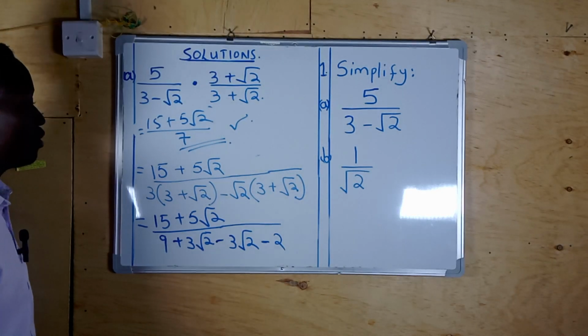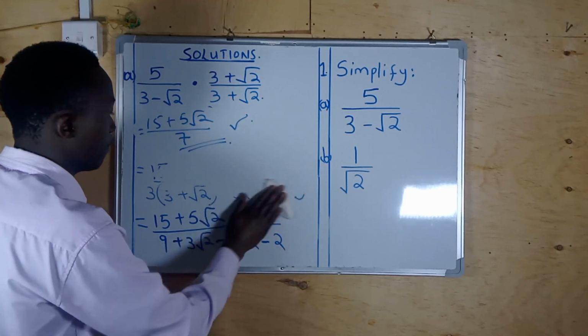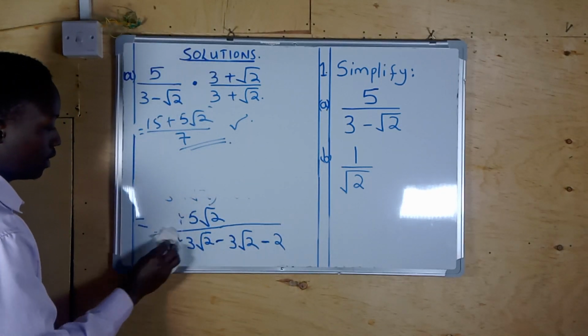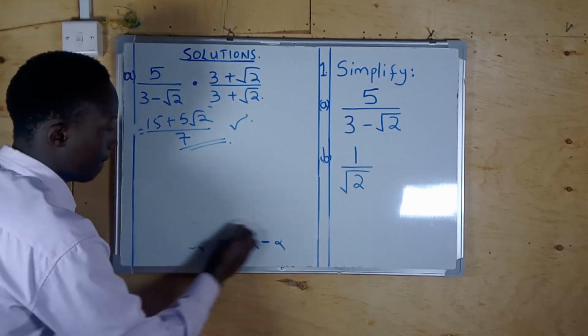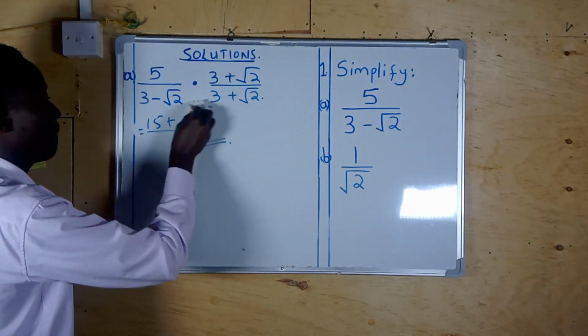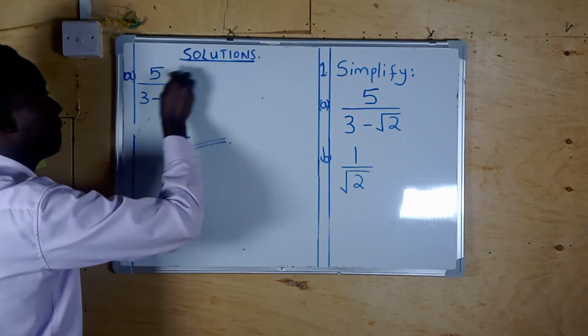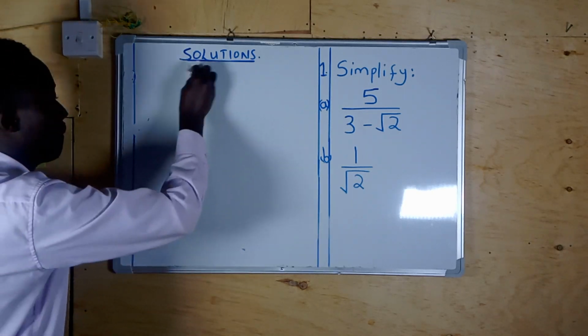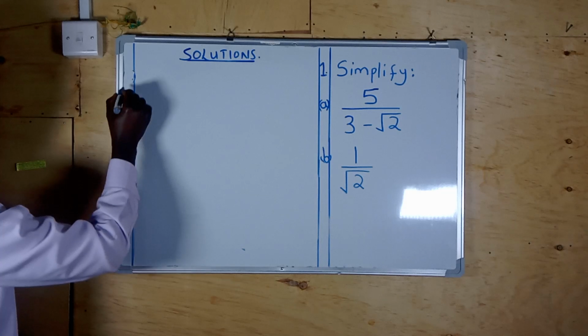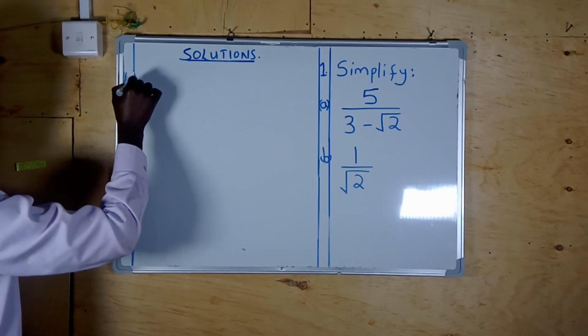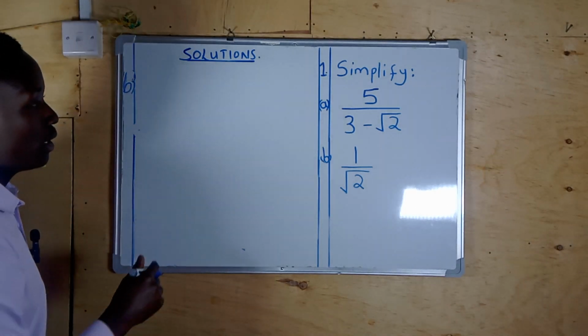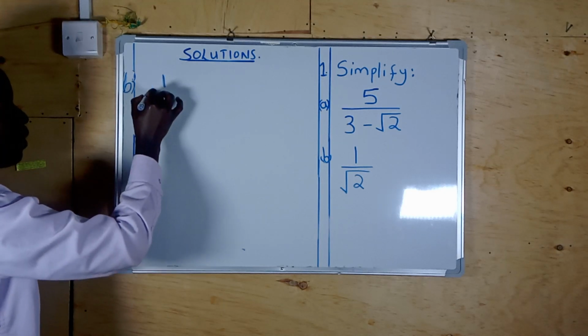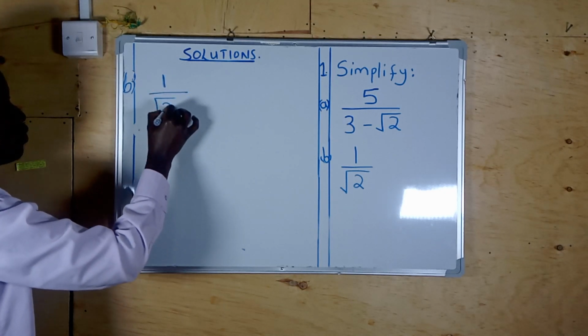So let's continue to our second question. Our question number B, our second question, is simplify 1 over root 2.